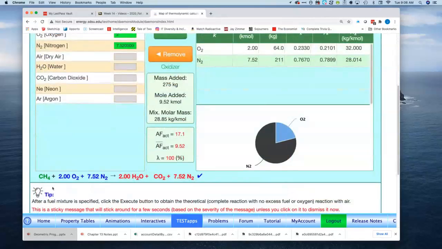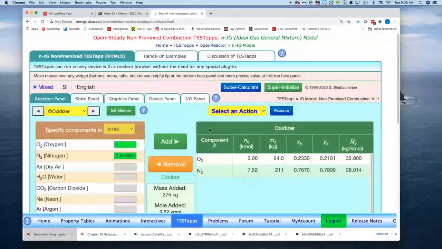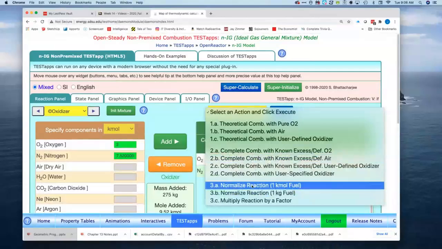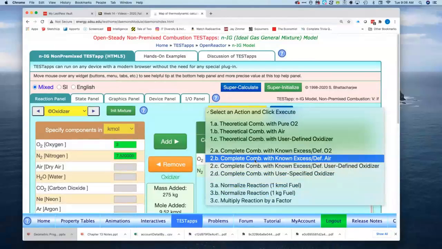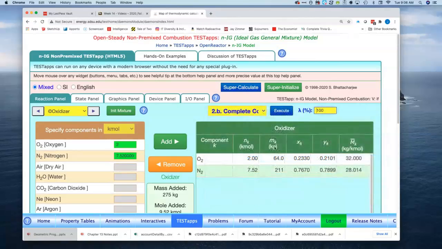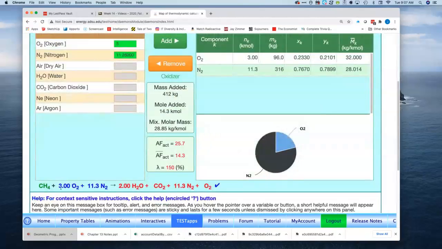It actually balanced the stoichiometric equation. Had I said balance with a known excess of air, I could put in right here 150, and execute. Now it determined the balanced reaction that we just looked at: methane plus 50% more oxygen along with its corresponding nitrogen. And then here is our equation.